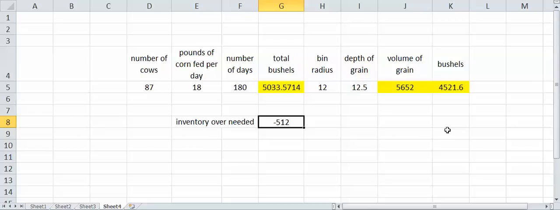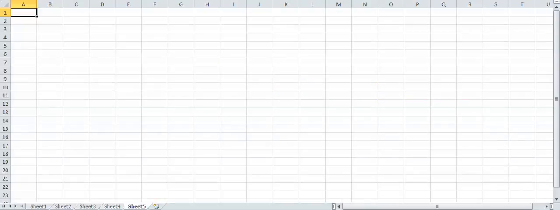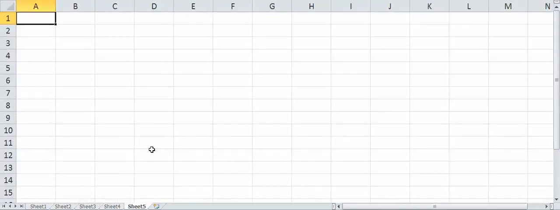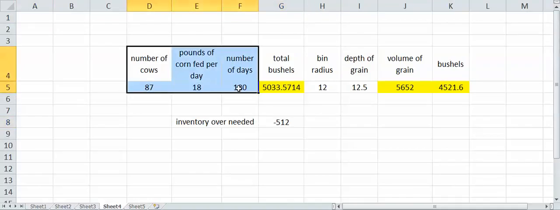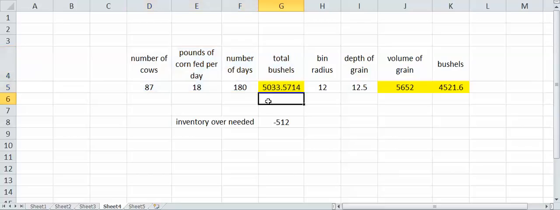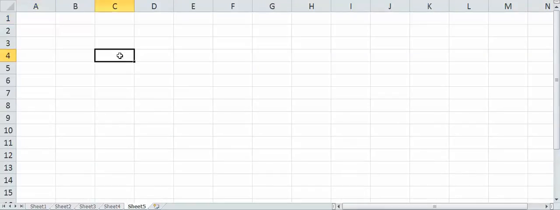A very similar problem on number 6. Debbie Dairy Farmer, number 6. Here she's trying to figure out her bunker silo. We're going to do it pretty similar to the last problem. So here I have number of cows again.